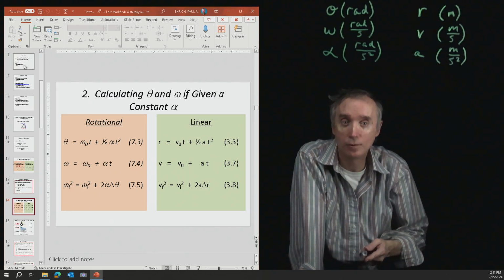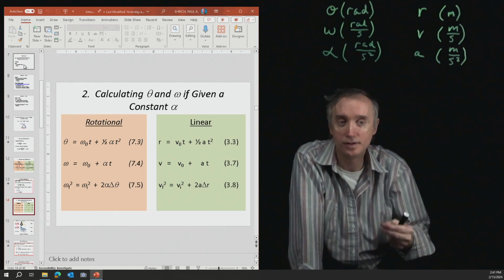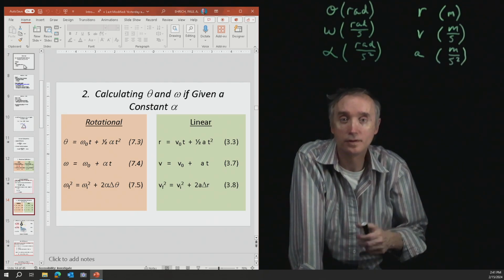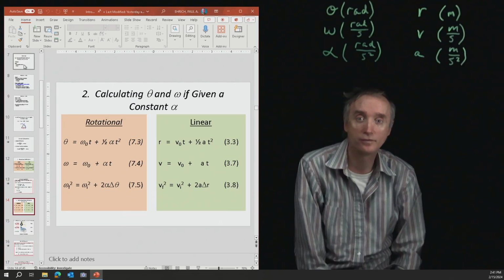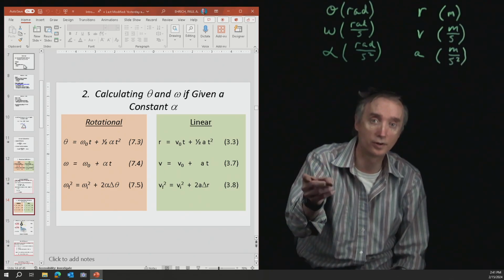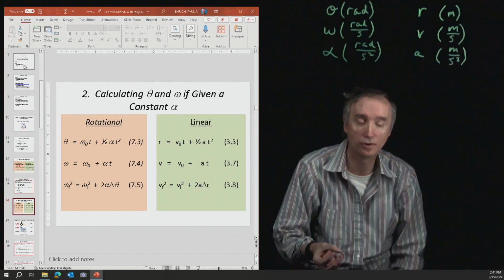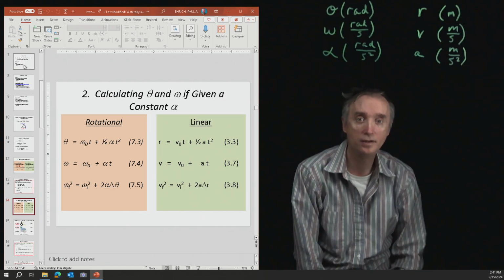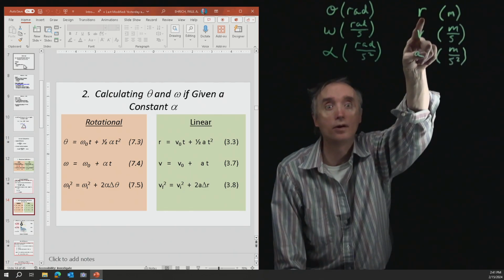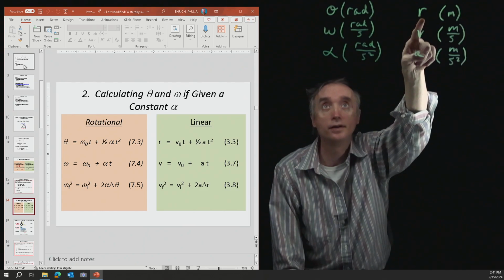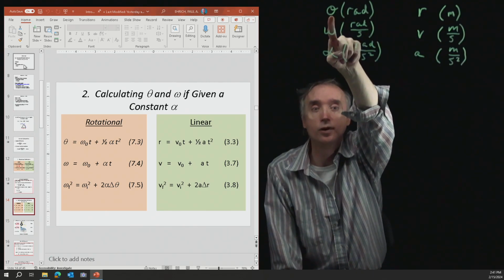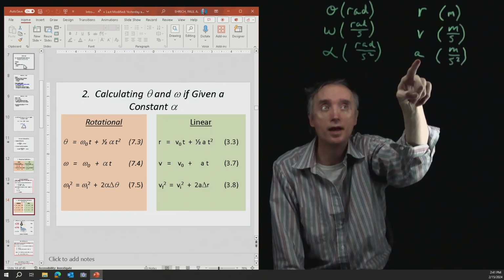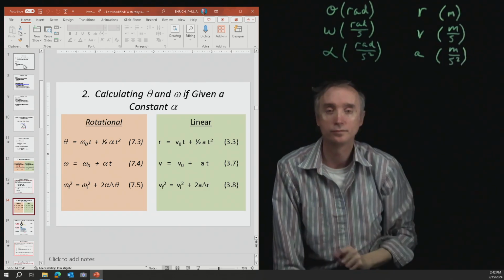Now, notice that we could have identical looking equations when something is rotating. So that first equation over there in orange would be the rotational how far equation. And do you see that everywhere that there was an R, what did we do? We plugged in this. Everywhere that there was a V, we plugged this in, and then everywhere there was an A, we plugged that in.